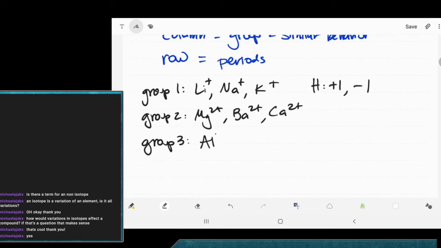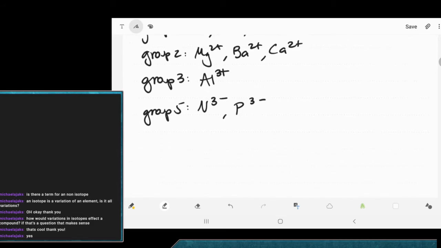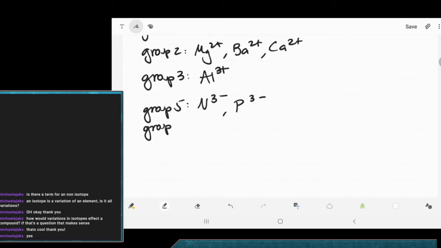If we look at group 3, stuff like aluminum will give you 3+ charge. Nitrogen and phosphorus tend to take -3. Oxygen and sulfur -2.